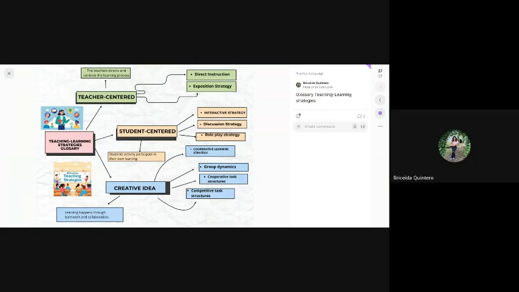Okay, in teacher center, I divide into types, into strategy. And the first one is direct instruction and exposition strategy. This teacher center is about the teacher directs and controls the learning process.